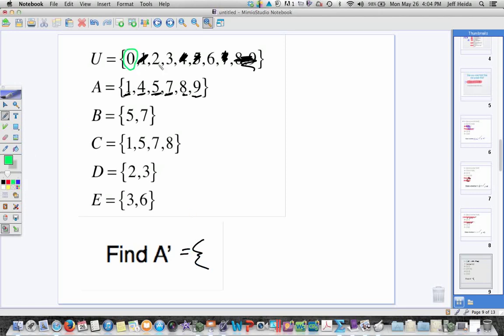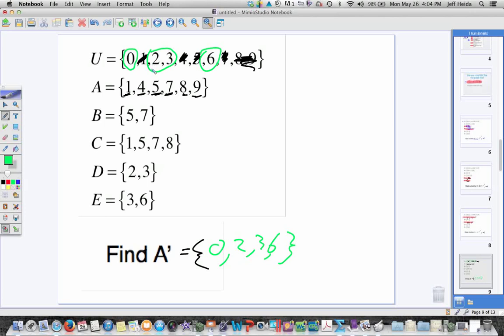I'm going to circle those in a different color so that I can write all of those down. It's an easy way to keep track, so it's going to be 0, 2, 3, and 6. So the complement of A is everything in the universal set that is not in A. And that's a pretty straightforward process to go through and check those off.